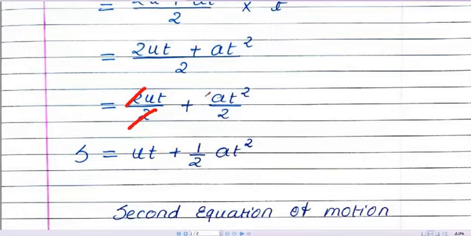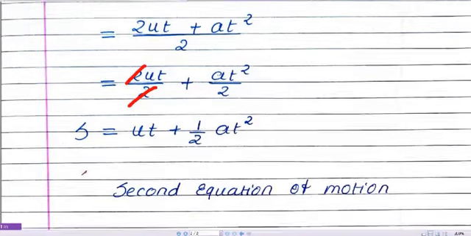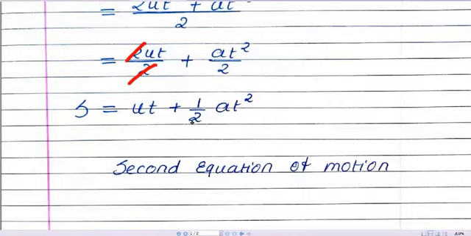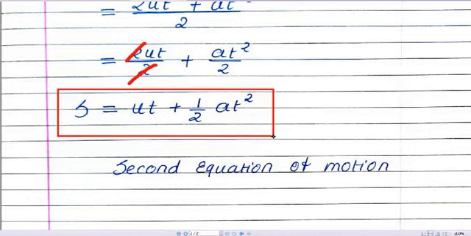For at square there is nothing here, so there is 1, so 1 upon 2, that is half, and at square will remain the same. And this is how we can get our second equation of motion using the algebraic method. So s is equal to ut plus half at square is our second equation of motion.